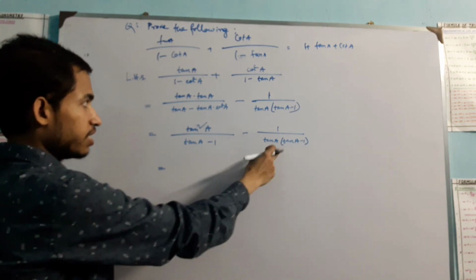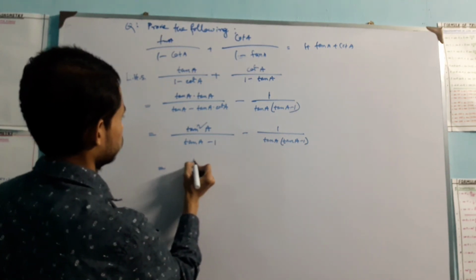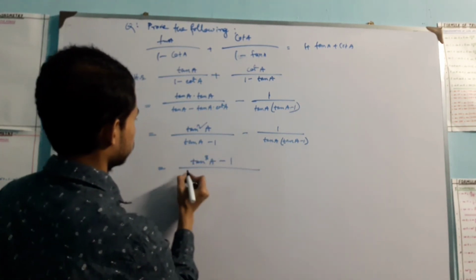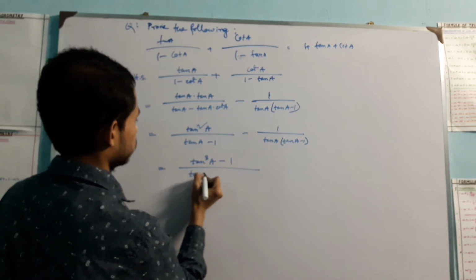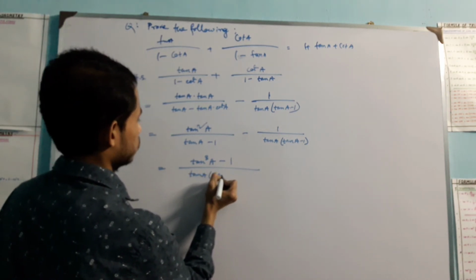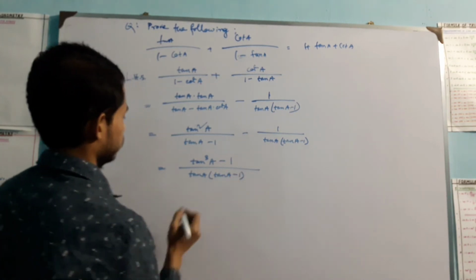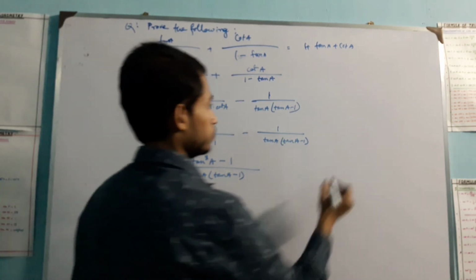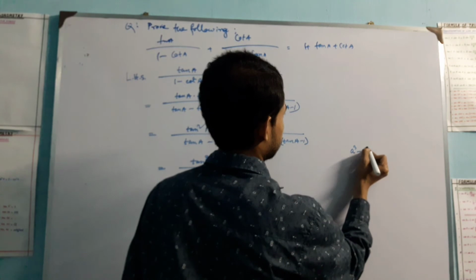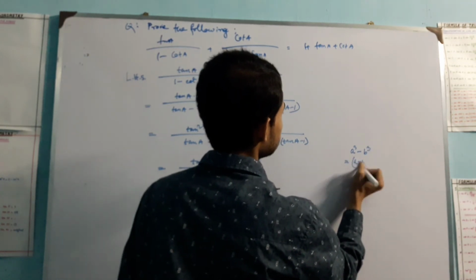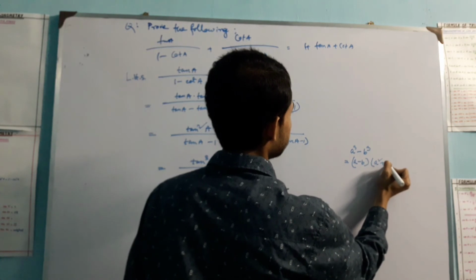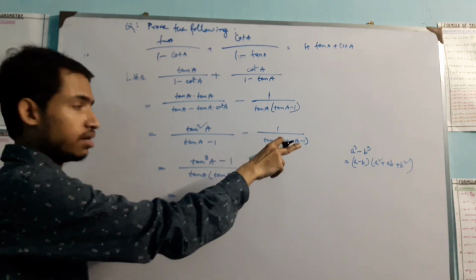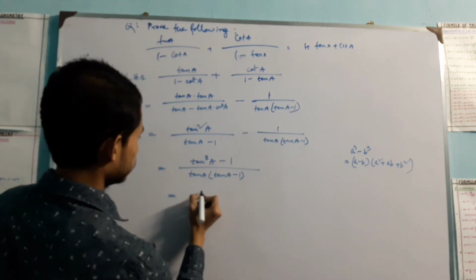Now subtracting it from it, we all know the formula a cube minus b cube equals a minus b into a square plus ab plus b square. So writing the numerator in the given format, we get this.